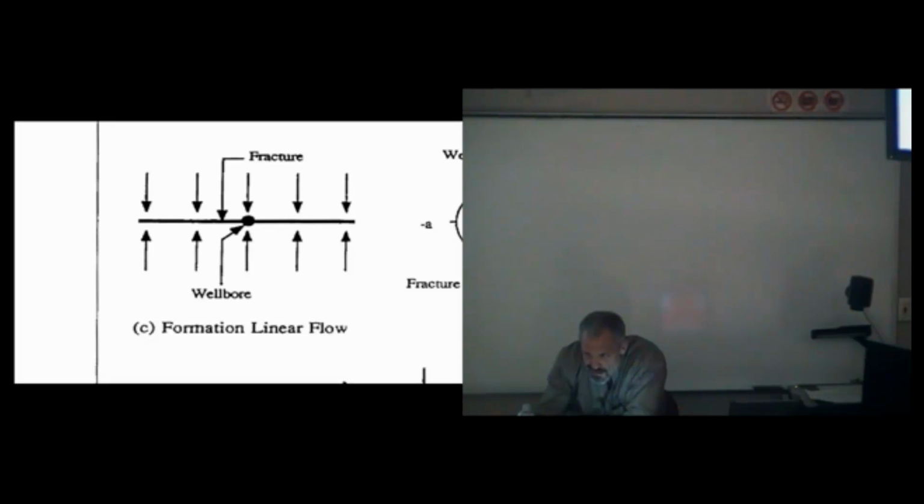What? I mean, I love this flow regime. It tells you more than radial flow tells you. In this region, can we measure the permeability? If you only have formation linear flow, the answer is yes in multi-frac horizontals, because the fractures interfere with each other. When they do, they go into boundary dominated flow.